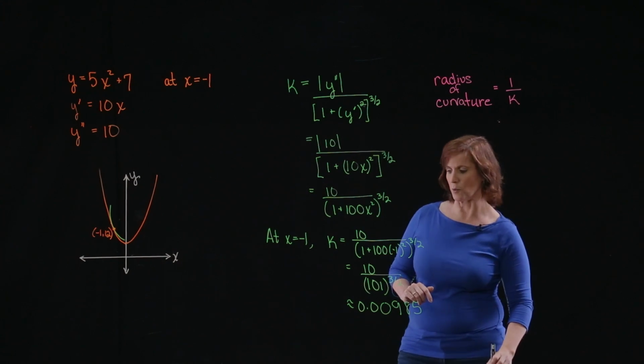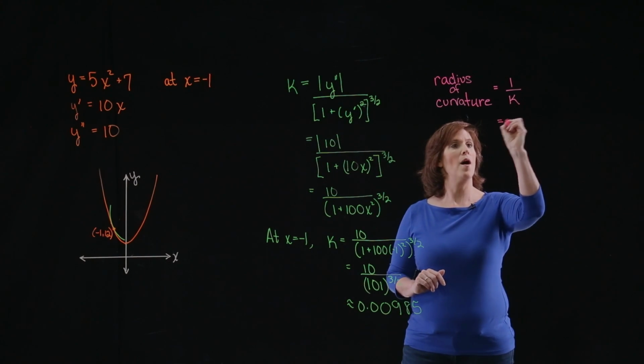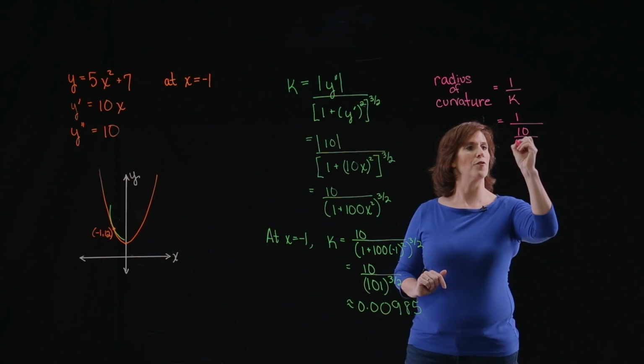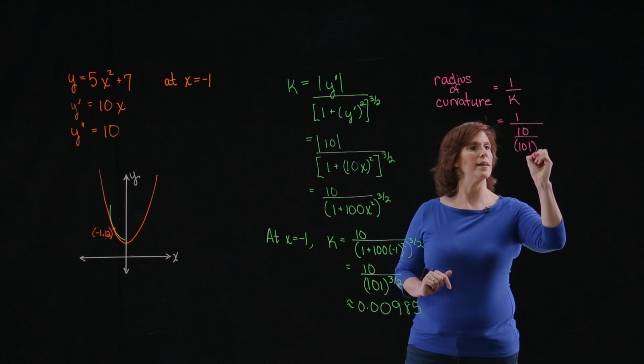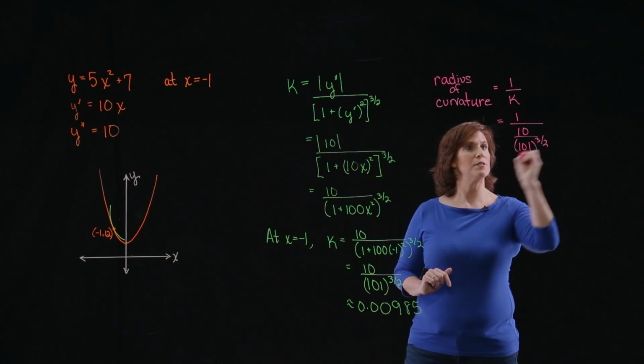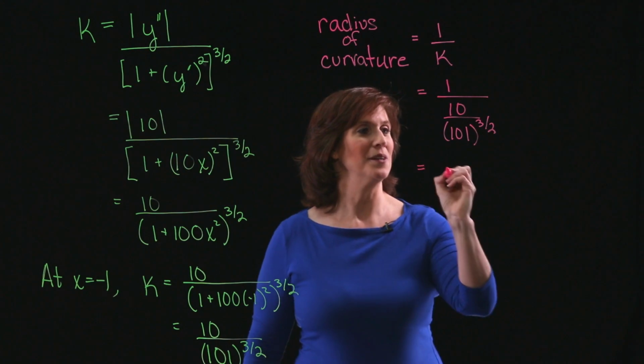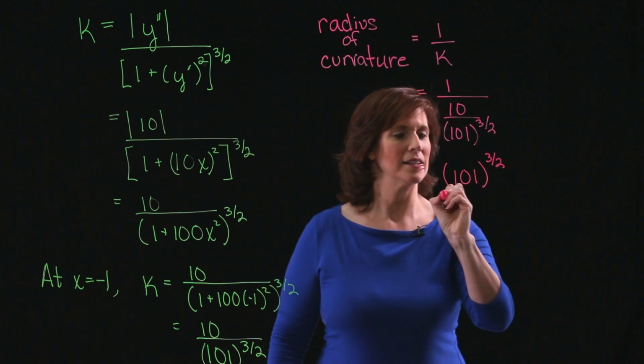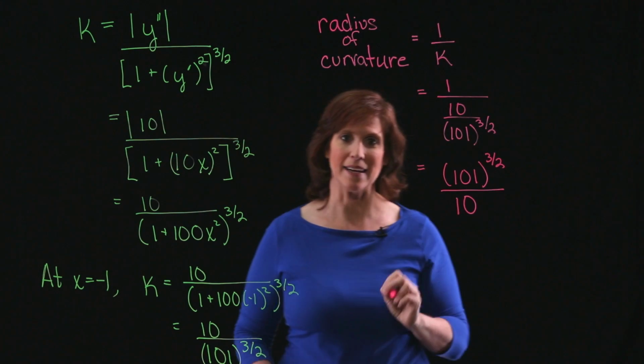So in this particular problem, I'm going to have 1 divided by 10 all over 101 to the 3/2 power, which can be reduced to 101 to the 3/2 power divided by 10.